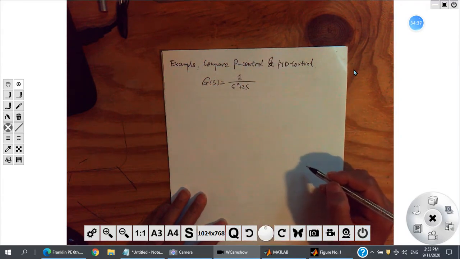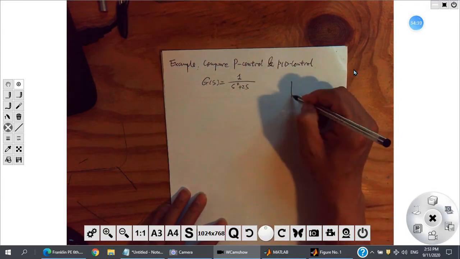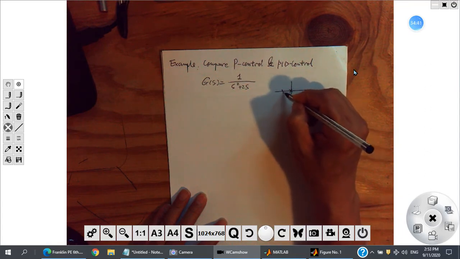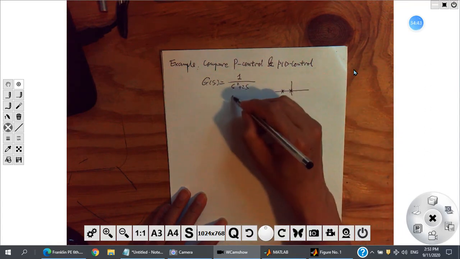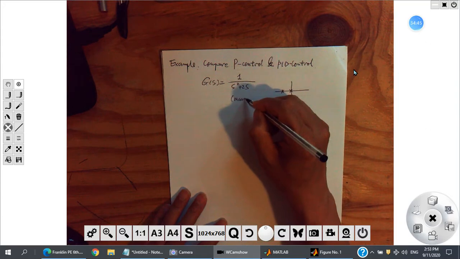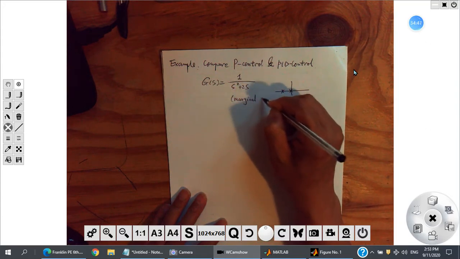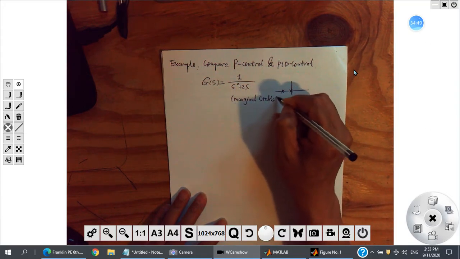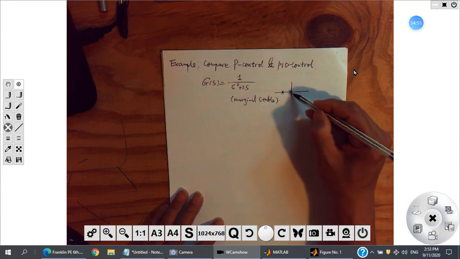This one has poles: one is 0, one is minus 2. So G itself is marginally stable. The pole along the imaginary axis is just 0.